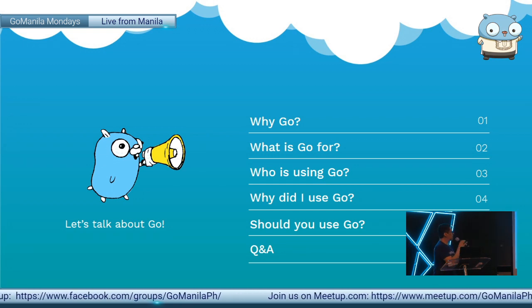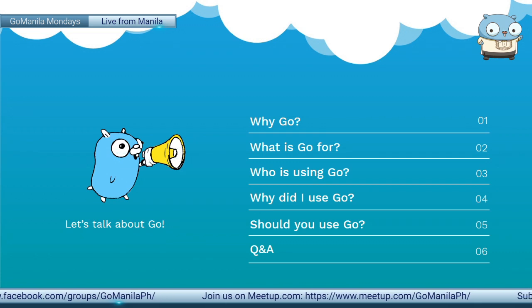Okay, so this is basically a synopsis of what I'm going to be talking about today. Like I said, the main topic is how I use Go in Freelancer, but I wanted to give you guys an idea of the journey of how I ended up actually using Go at Freelancer. So I'm going to talk a little bit about why Go is a good idea to use.